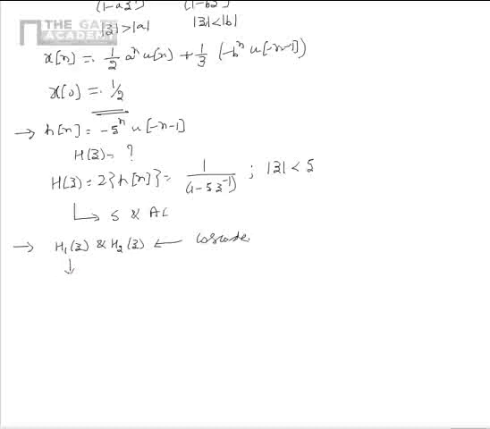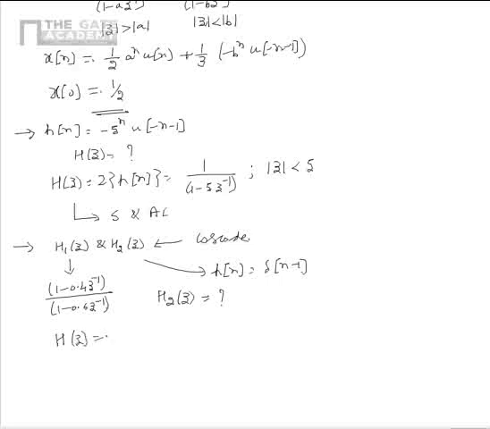It is given that H1 of z is equal to 1 minus 0.4 z inverse divided by 1 minus 0.6 z inverse, and it is also required that the cascaded system should have the impulse response as a unit delay, that is delta of n minus 1. From this, we need to find the system function H2 of z.